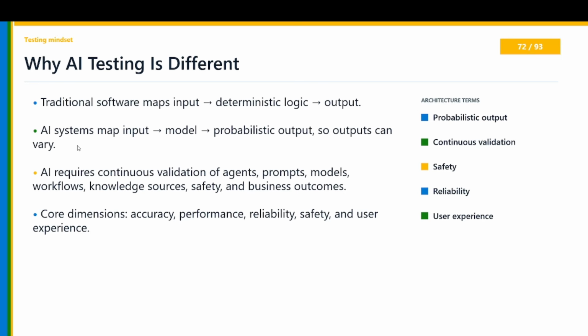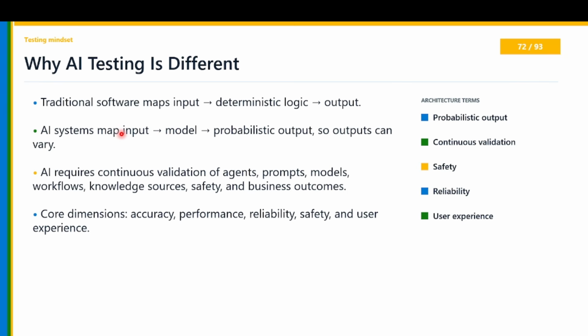But AI systems map inputs to a model and then to probabilistic outputs. In an AI system you have the brain of the model. You are not just combining code. Just like a human being has a head with a brain in it, you have the brain of an agentic AI.